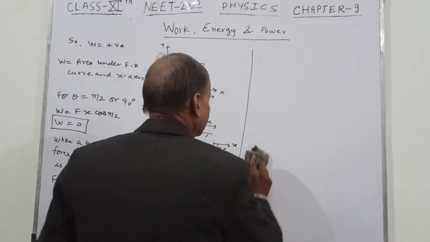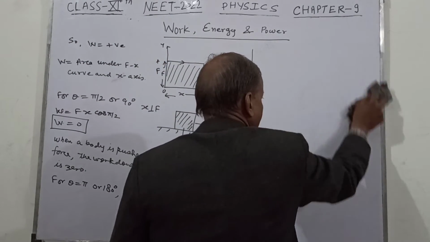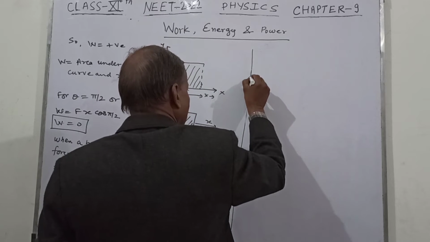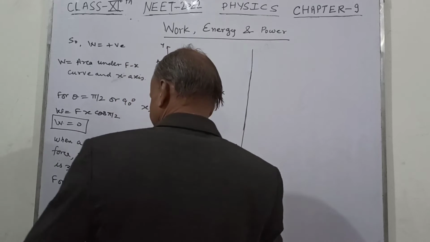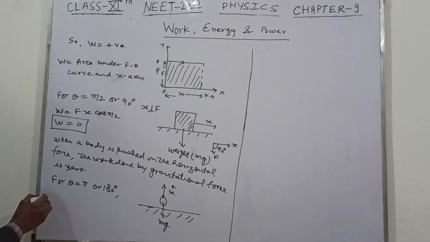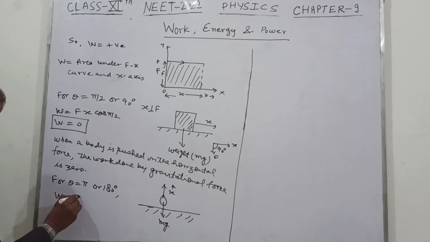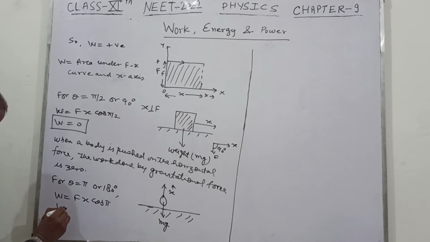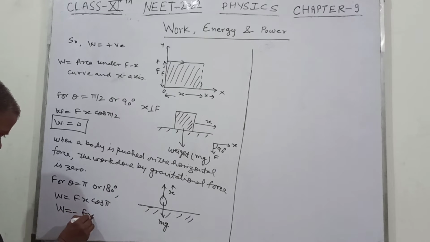Now you have here that for this one, W equal to Fx cos pi. So this W equal to minus Fx.